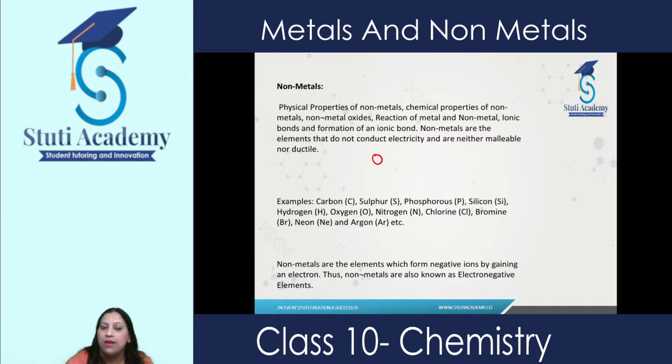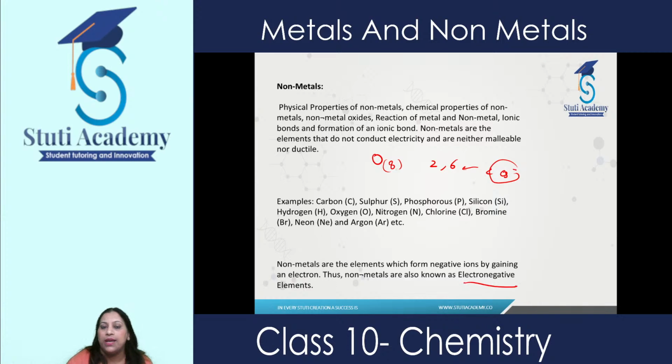Its atomic number is 8 and its electronic configuration is 2,6. So it will not lose 6 electrons. It will take 2 electrons to make itself stable in nature. Here it is accepting electrons. That's why it is electronegative in nature.